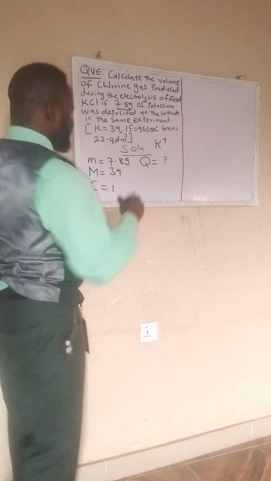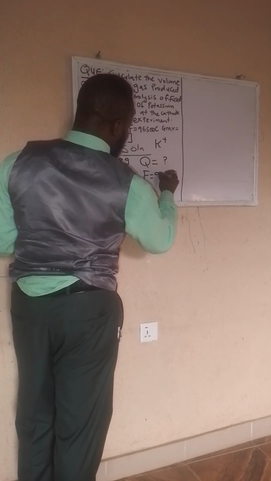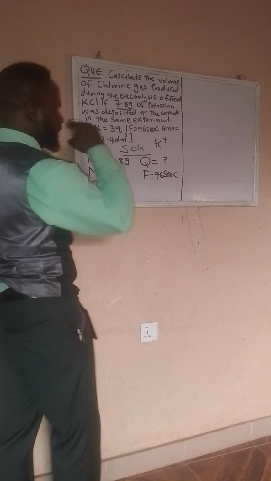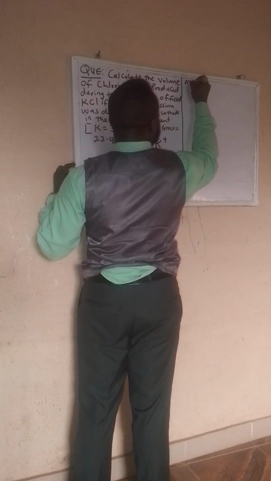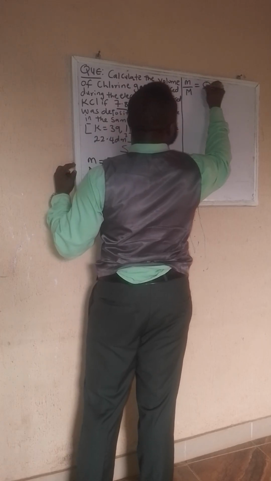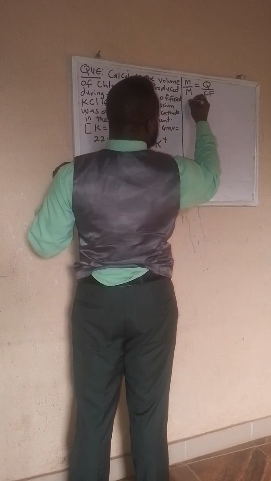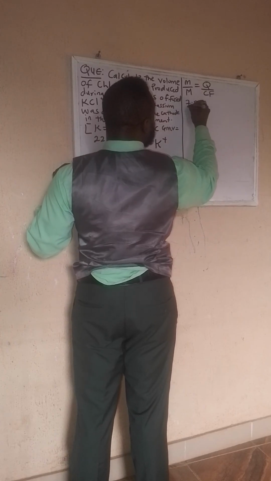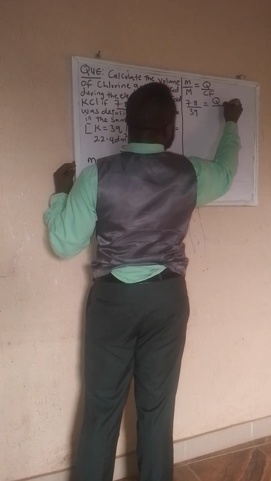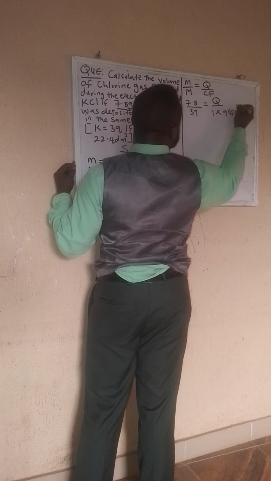Follow me on carefully. Okay, so 1 farad, of course, is given as 96,500 coulombs, which is a constant. And then, remember this formula. This will make us get the quantity of electricity that was used. So I have 7.8 grams over 39 is equal to the quantity of electricity we are looking for, Q, over charge multiplied by 96,500.